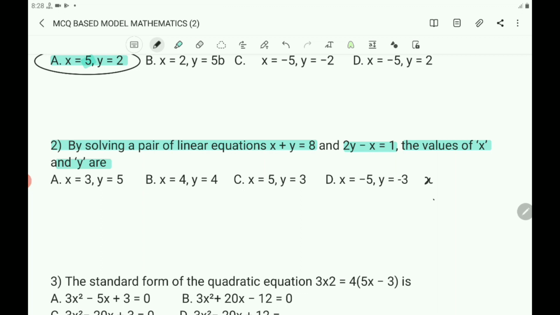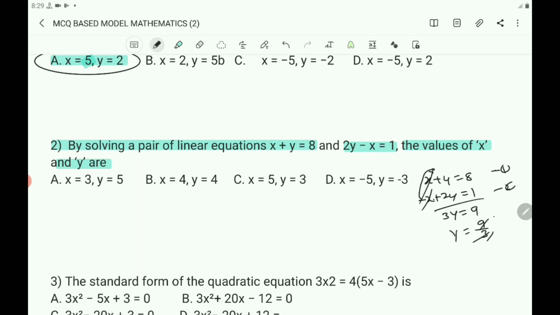Take one below the other. x plus y equals 8 and 2y minus x equals 1. Here these two cancel. So you will get y plus 2y is 3y, 3y equals 9.